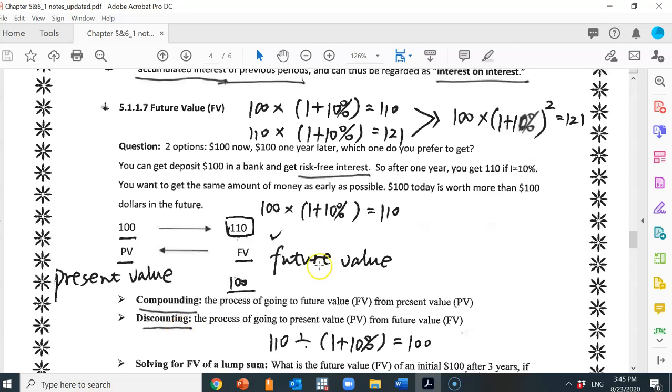So if we know the future value is 110 and we divide by 1 plus 10% to get this present value as $100, we say this is the process of discounting. Okay, we use present value to compound to get future value, and we use future value to discount to get present value.